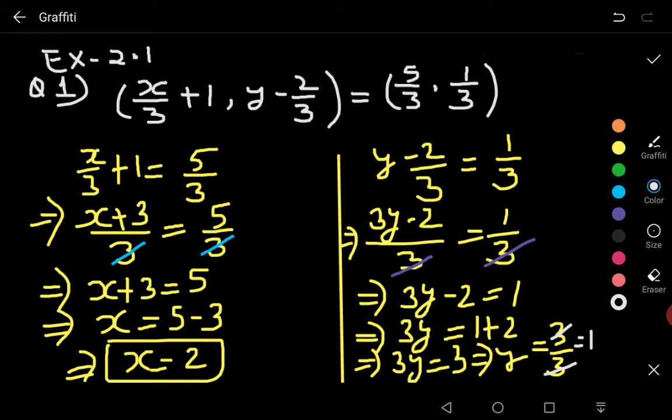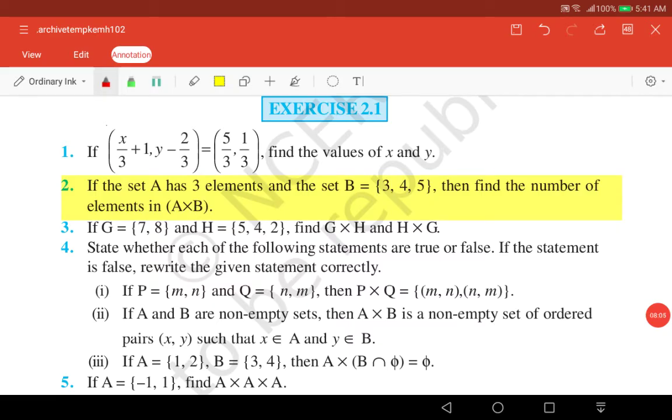Okay, so now let's do the next question, question number 2. And in question number 2 we have, if the set A has 3 elements and set B is equal to 3 4 5, then find the number of elements in A cross B. Okay, so if you have 3 elements in set A and 3 elements in set B here, then how many elements will be there in the Cartesian product of A and B?